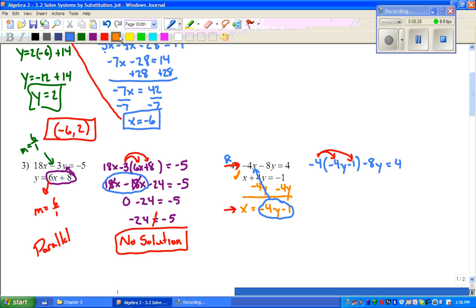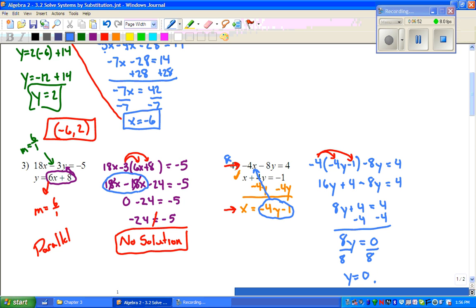I'm going to be left with 16y plus 4 minus 8y is equal to 4. All right, combine like terms here. I end up with 8y plus 4 is equal to 4. I'm going to subtract 4, so I get 8y is equal to 0, and I'm going to divide by 8, so I get y is equal to 0 right here.